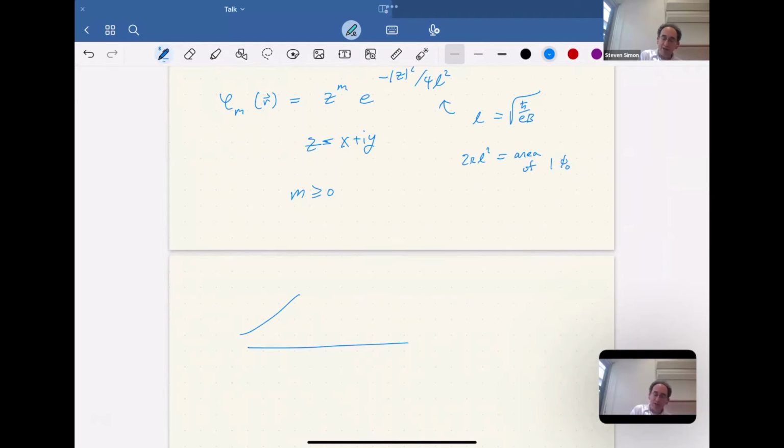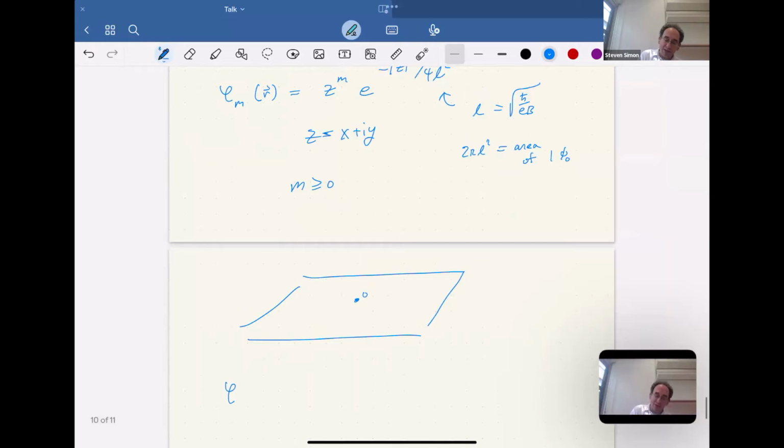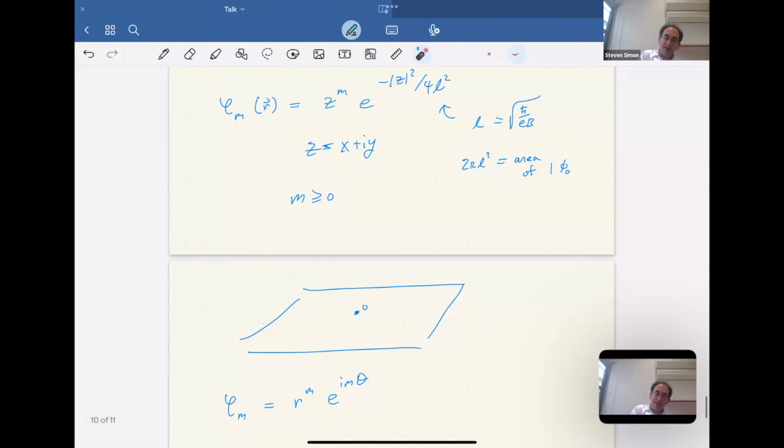Here's my two-dimensional system, and here's the position 0. Another way of writing this wave function is psi_m goes as r to the m, the radius, then e to the i m theta, that's z to the m, the complex coordinate, and then it's the same e to the minus r^2 over 4L^2.